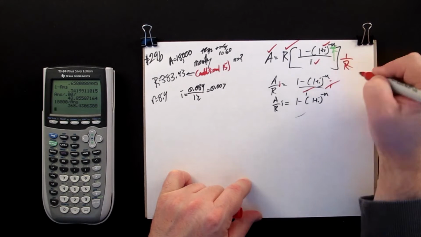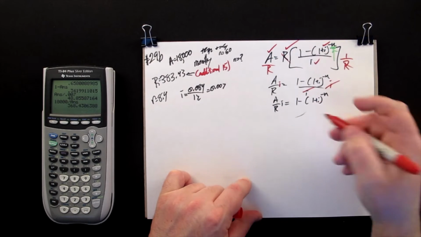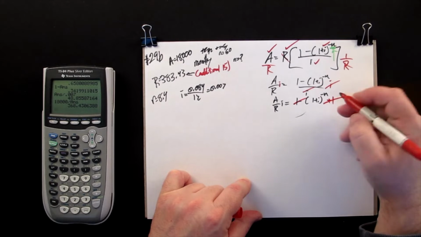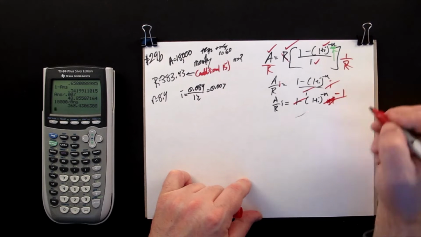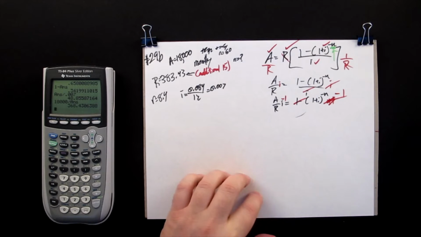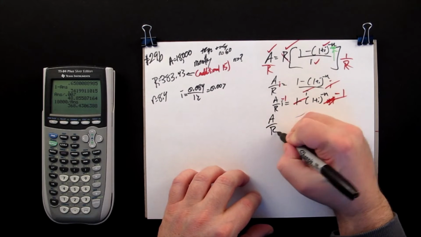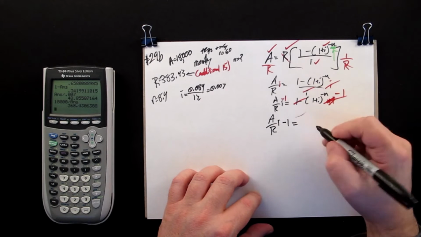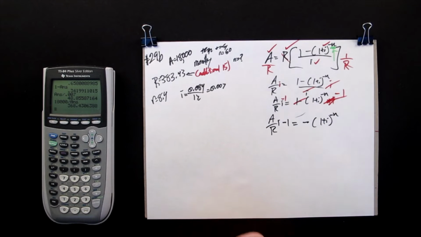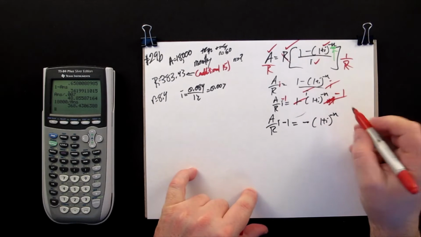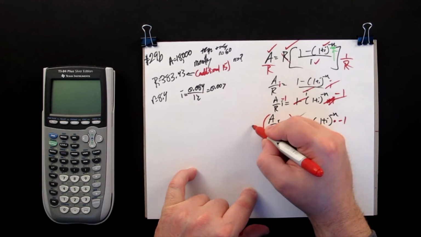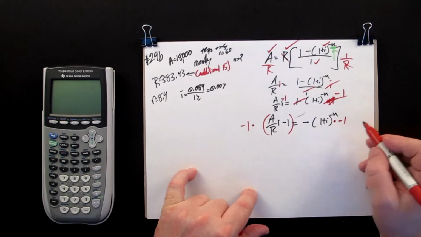Now, so this was multiplied by I, divided by R. Okay. Now subtract 1, so those cancel. So you end up with A over R times I, minus 1, equals minus (1 plus I) to the minus n. Okay. Now you want to cancel this minus sign, so you're going to multiply by minus 1.